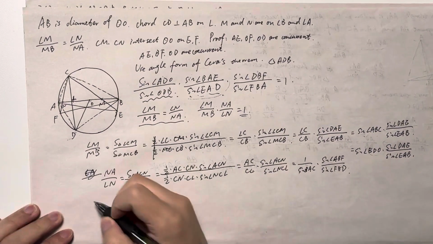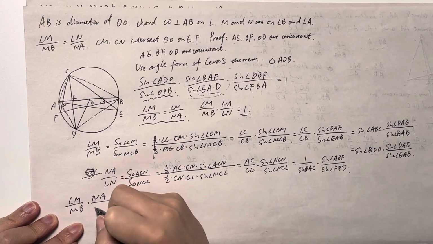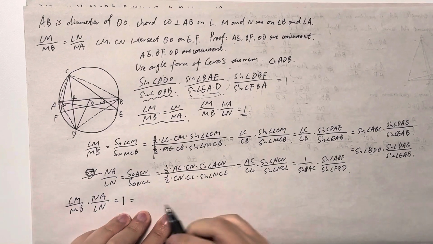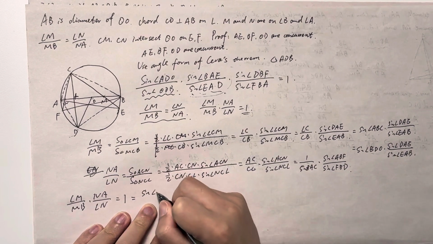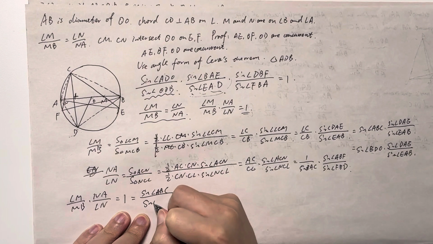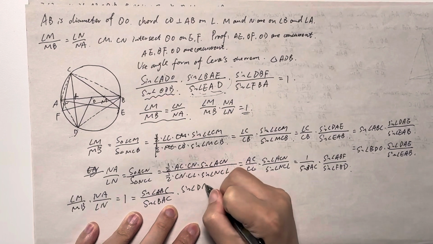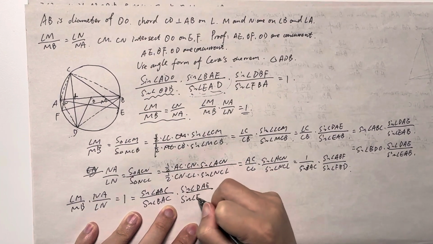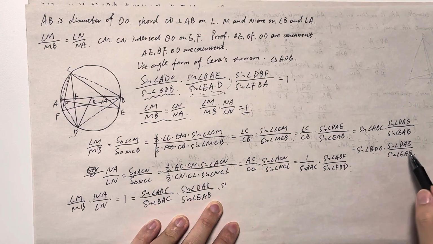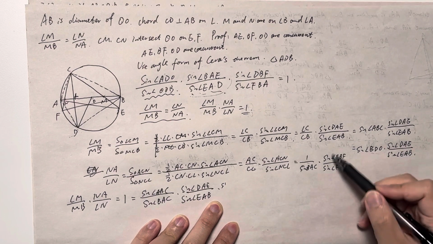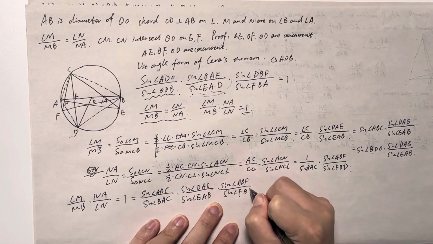Which means LM to MB times NA divided by LN equals 1, and we can rewrite it as these two terms: sine angle ABC to sine angle BAC times sine angle DAE to sine angle EAB times sine angle ABF to sine angle FBD.